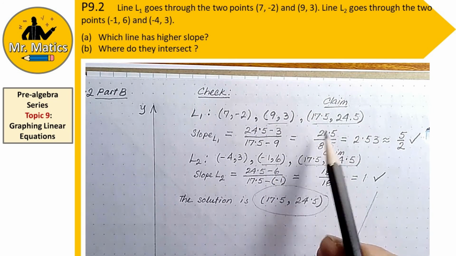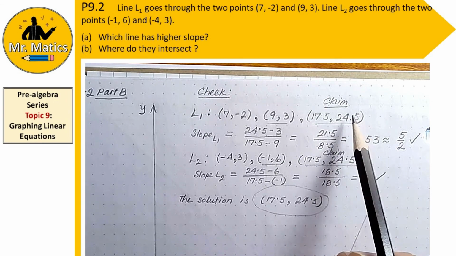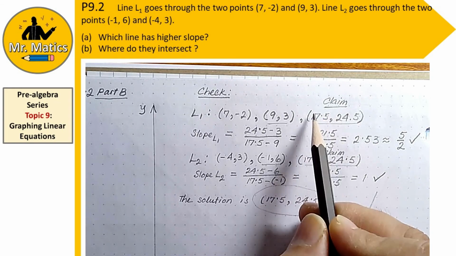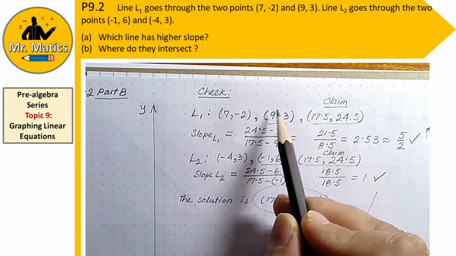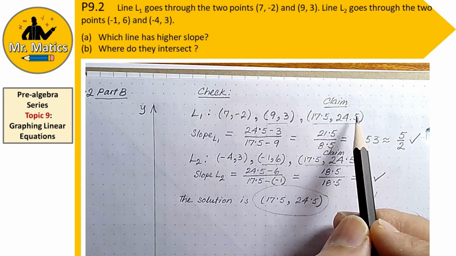Because this is a linear equation, a straight line, if I calculate the slope with this third point and one of the other 2 points, let's say I chose 9 and 3, then the slope should come out the same as what we found in the previous part.